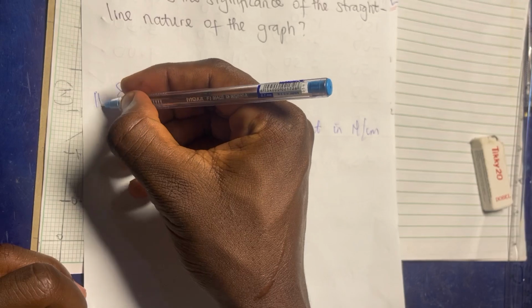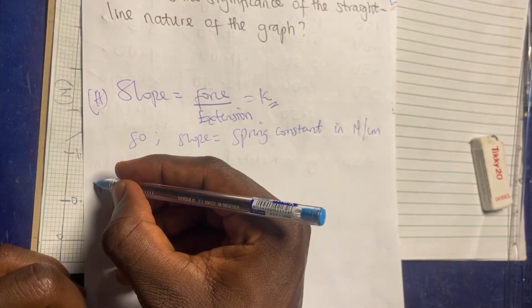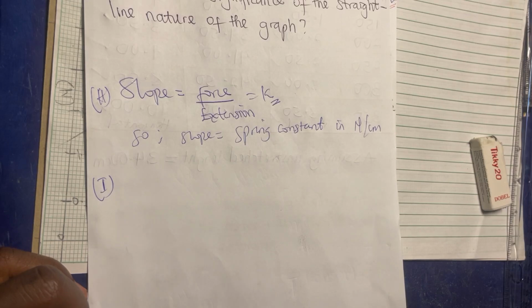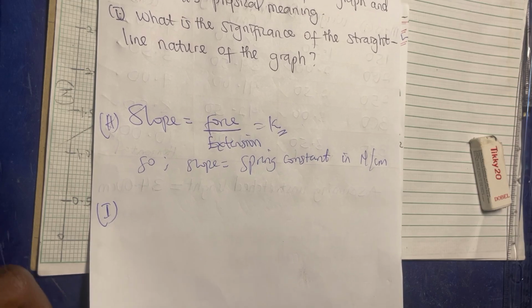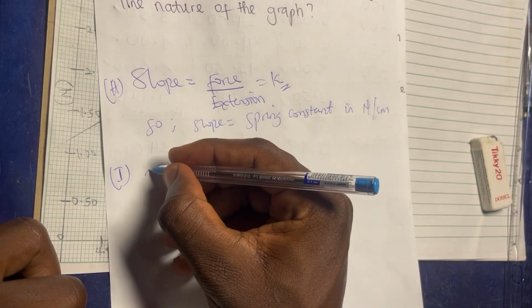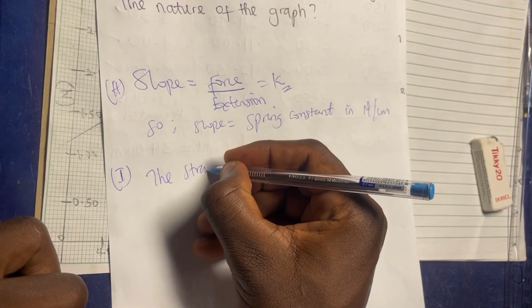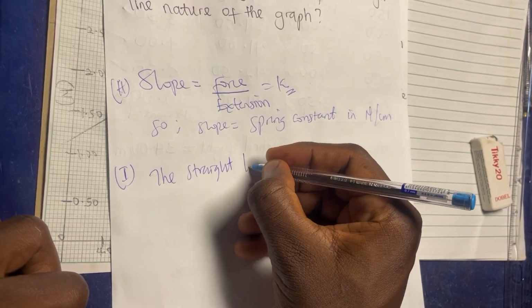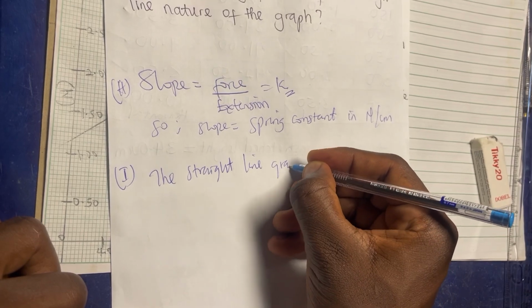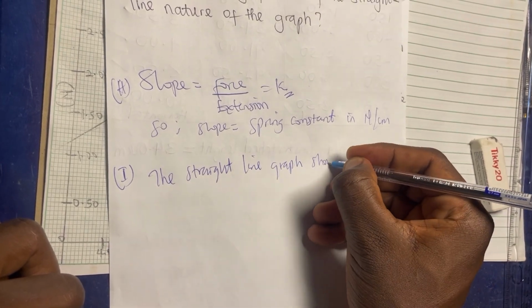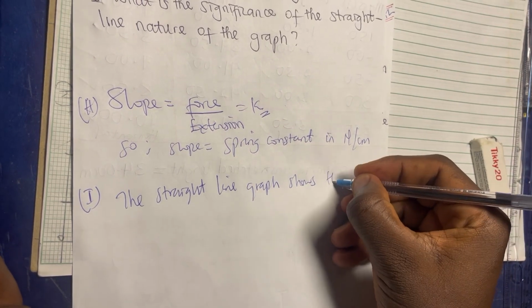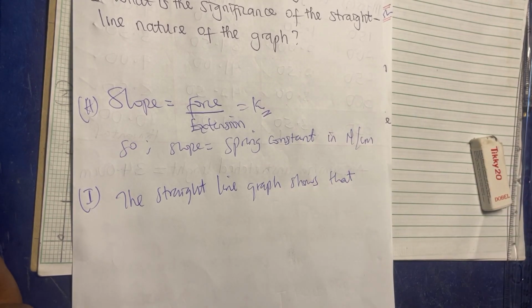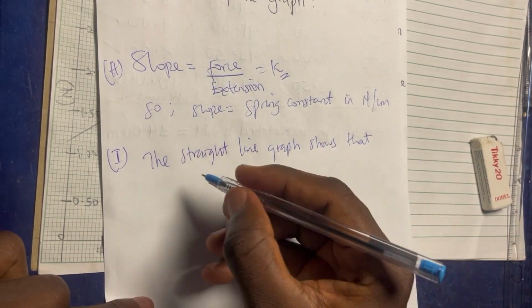And then if you're asked what is the significance of the straight line nature of the graph? That just means that the straight line shows that Hooke's law is obeyed.